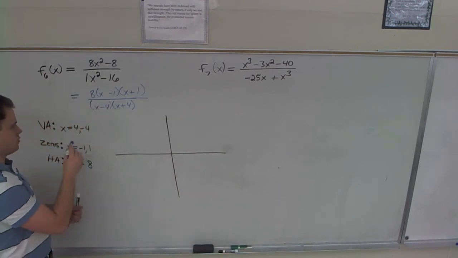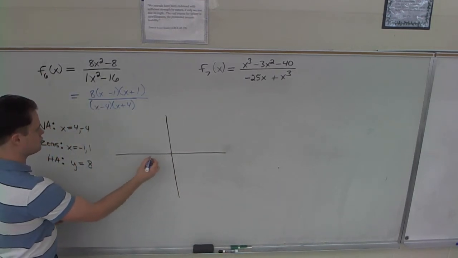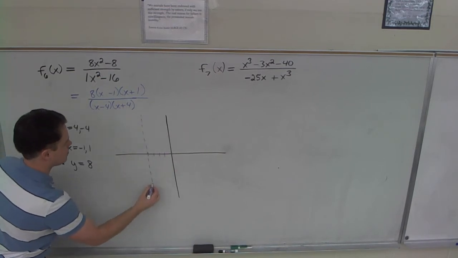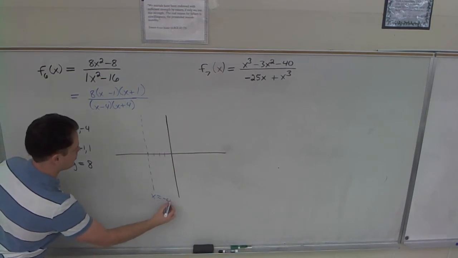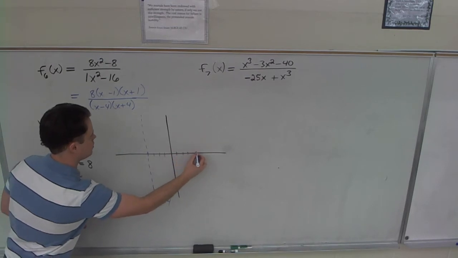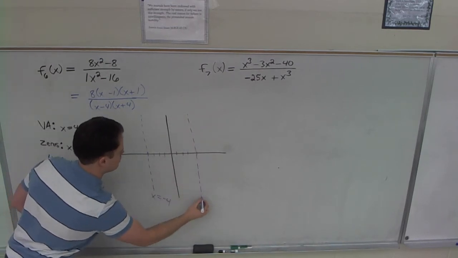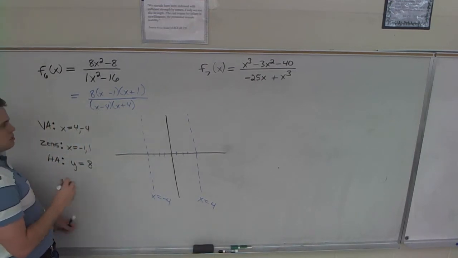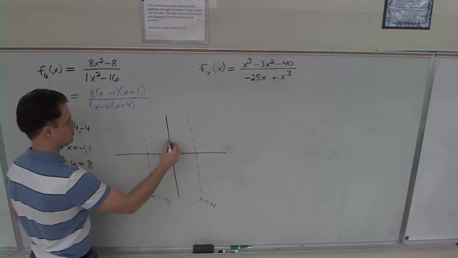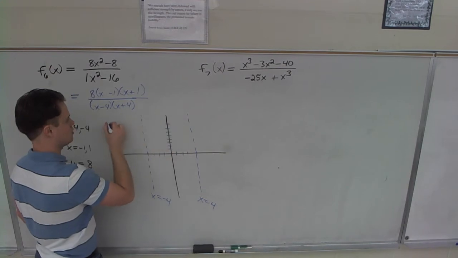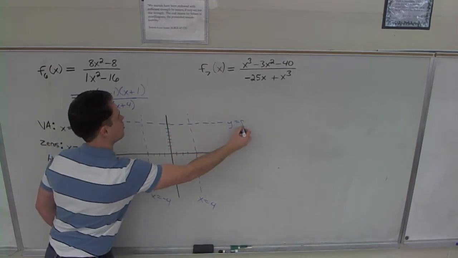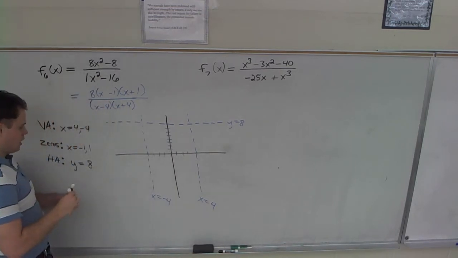So let's see. We've got a couple vertical asymptotes. There's one. And there's one. We've got a horizontal asymptote at 8. And we've got some zeros.